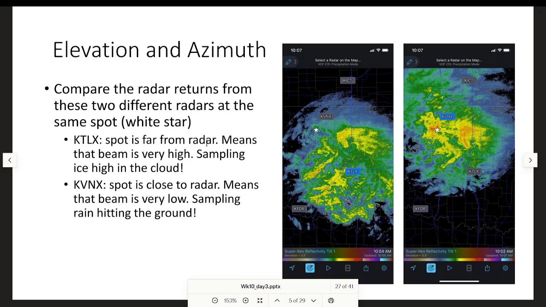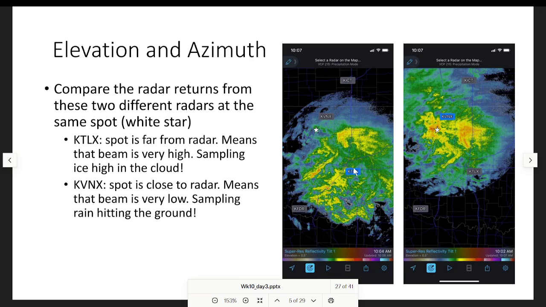So, yeah, here is the KTLX, and it's trying to scan this storm up here. Okay, we're scanning for the same spot, so we're trying to get the storm at this star.